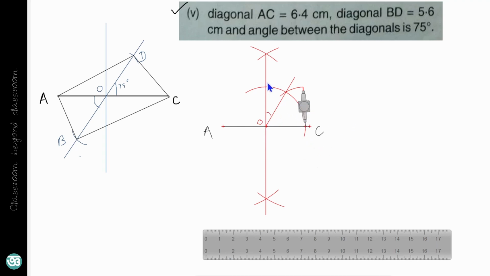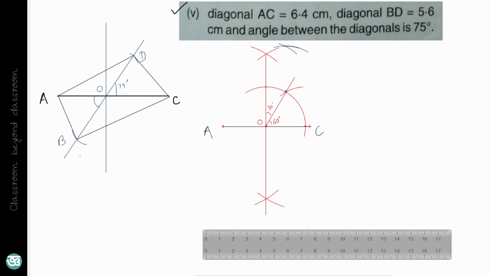So let us bisect this angle. Before that, this angle is 60 and this angle is 30 degree because this total angle is 90 degree, because we have constructed a perpendicular bisector. Now let us bisect this 30 degree angle.